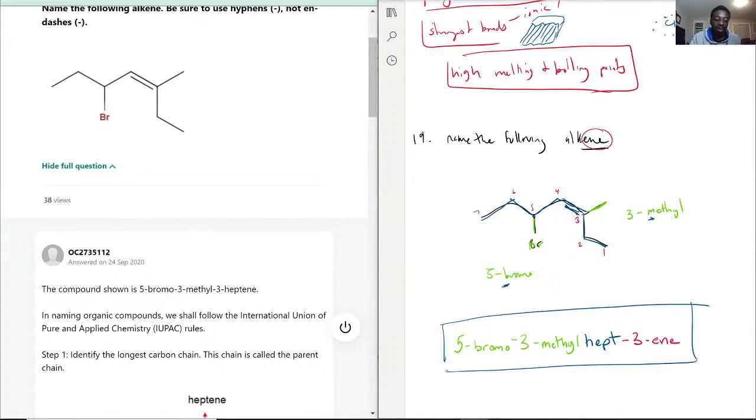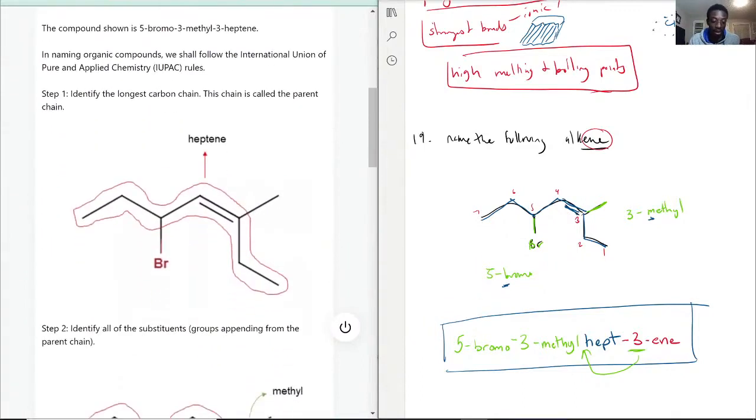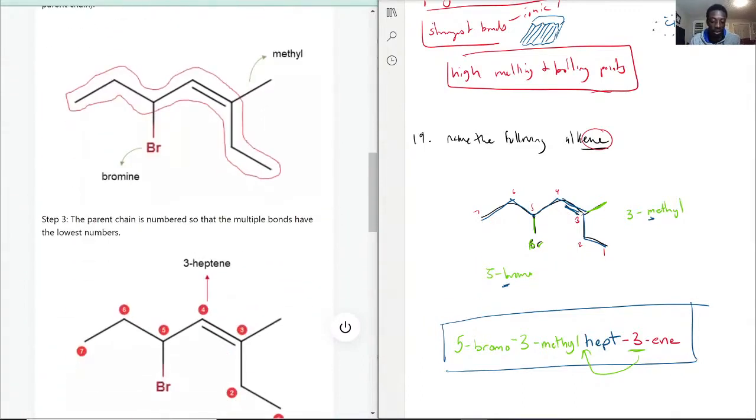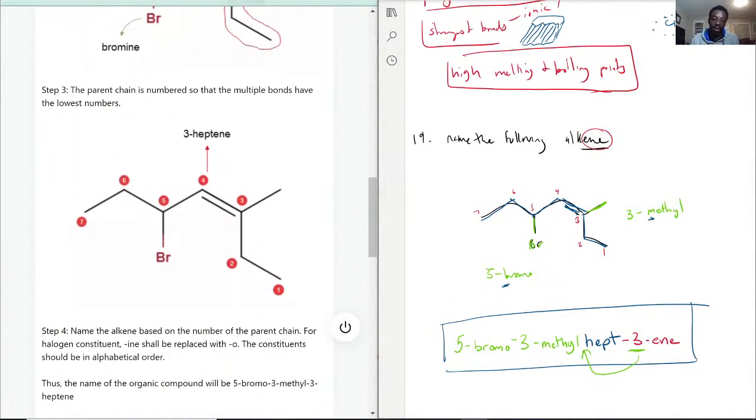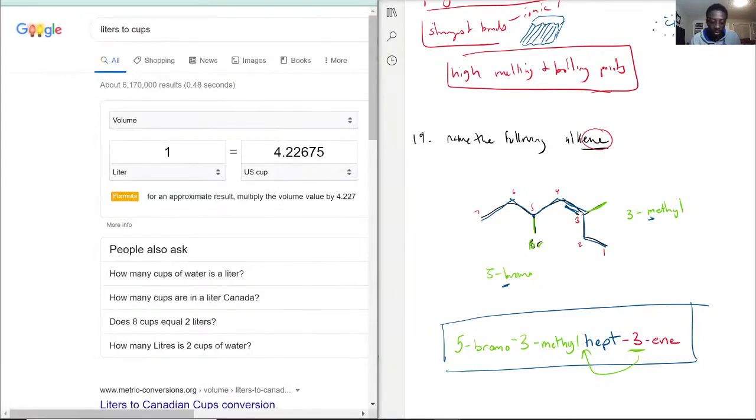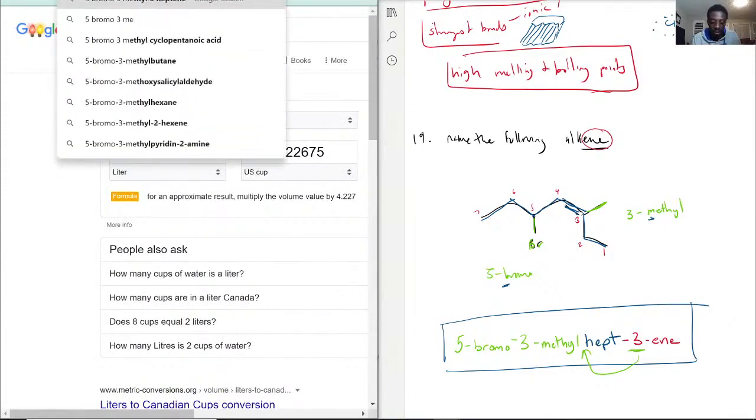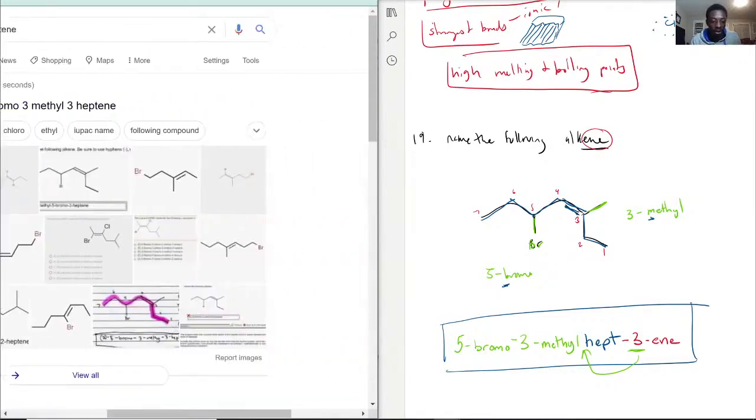3-heptene. That's the part that always has me a little bit confused, because some would say you put the ene right here in the end. Others will say you put the 3 specifically right here. In the same IUPAC name, there are different ways, which can be a little bit frustrating. If I were to type in 5-bromo-3-methyl-3-heptene, okay.